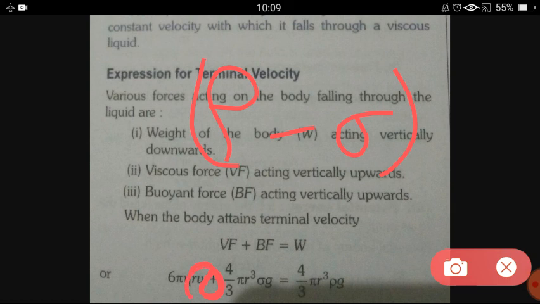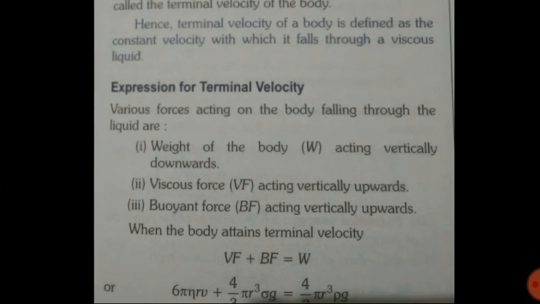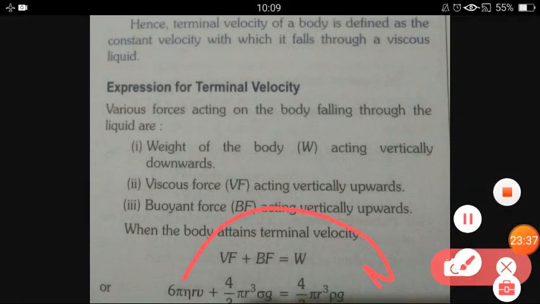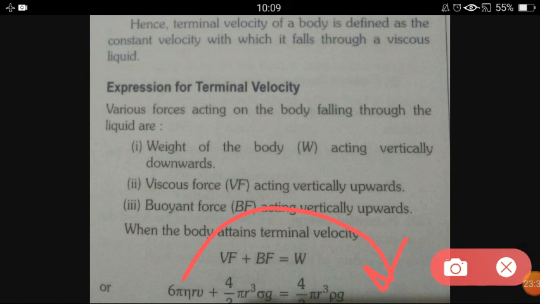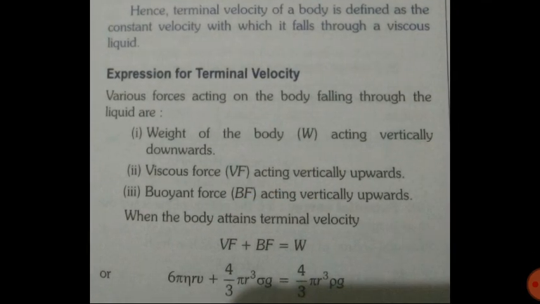Except V, we will transport all the quantities to this side. Then we will do the necessary operations, multiplication, division, cancellation, etc., and we will get that value. So you try to find that expression. Simple mathematical terms are there.